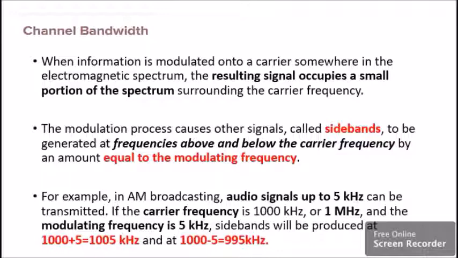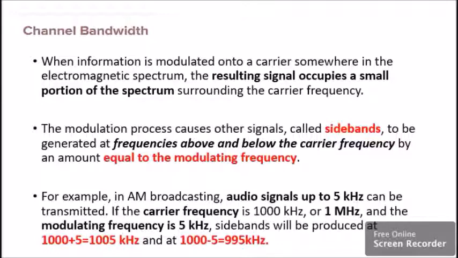So pag minodify mo yun, di ba nakita niyo sa figure, the frequency does not change. Say for example, amplitude modulation tayo. So sa amplitude modulation, we are just changing the amplitude of the carrier, di ba? The frequency, we don't touch it. So ibig sabihin, after modulation, supposed to be meron lang tayong frequency which is equal to the frequency of the carrier. But that is not the case.